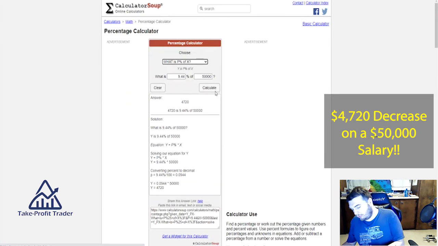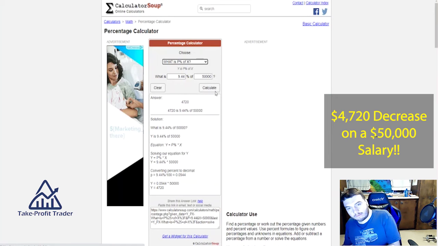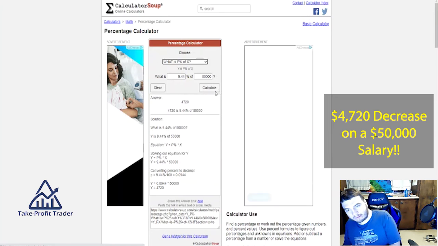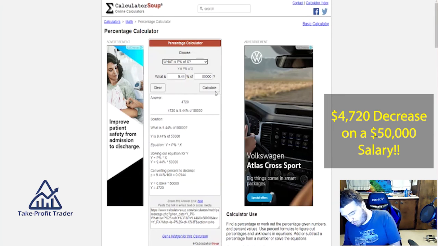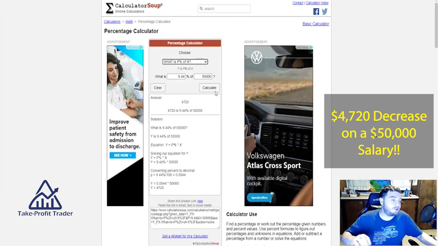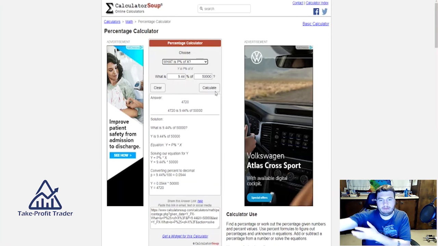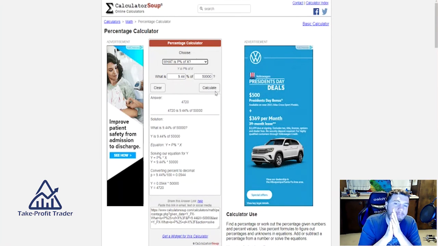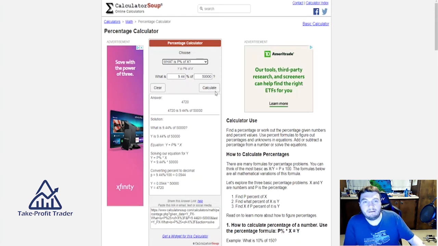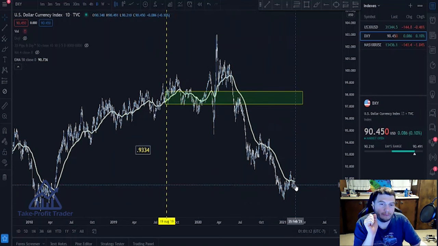That means you lost about $4,720 in purchasing value. You're getting paid the same, but you're able to buy almost $5,000 less than one year ago today. So that's the value decrease with the dollar.